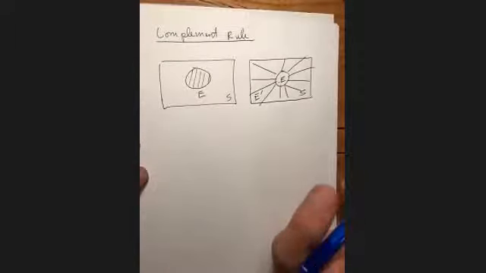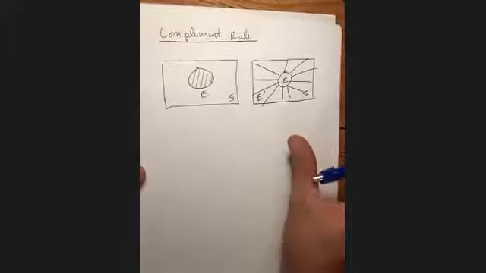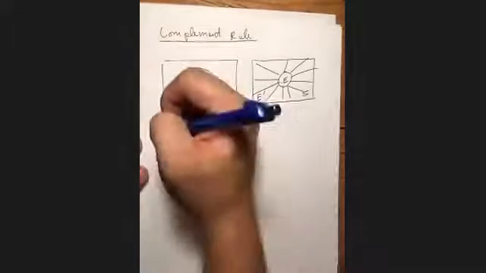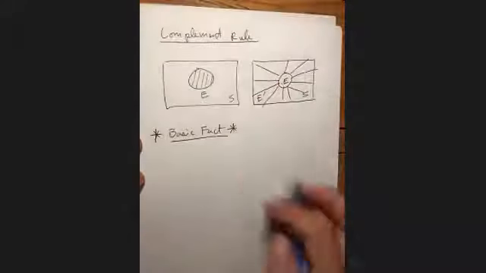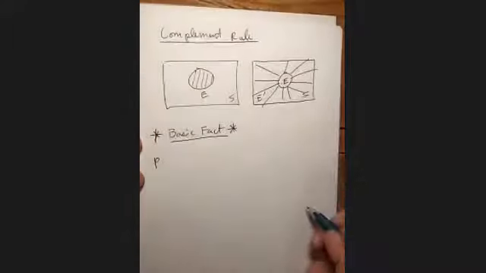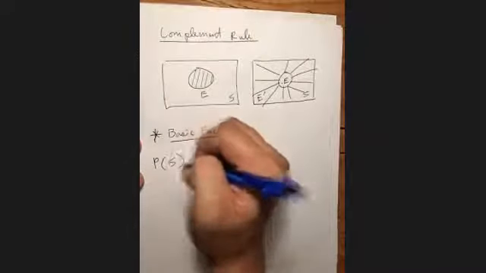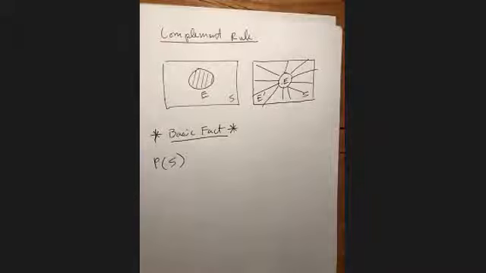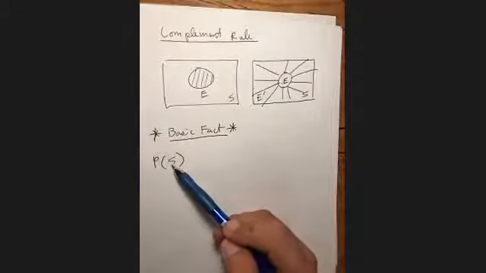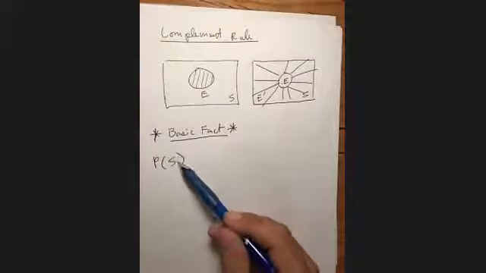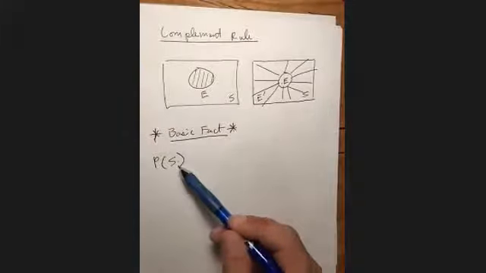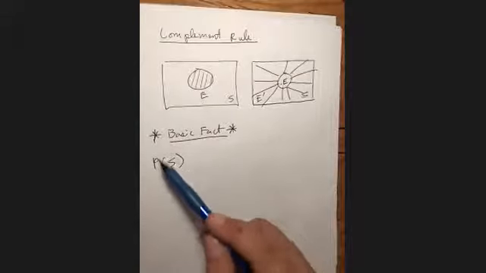So what this whole rule hinges on is a basic fact, which is this. If we're interested in the probability of the event S, where S is our sample space, which is to say we're interested in the probability that anything will occur, because S includes all possibilities.